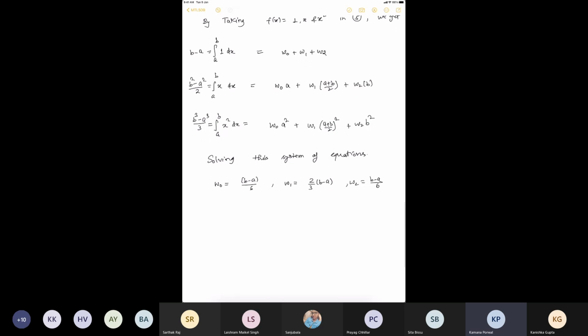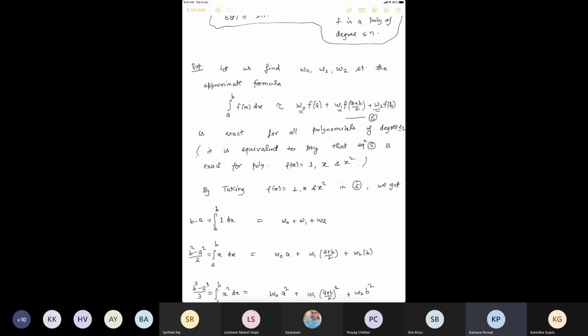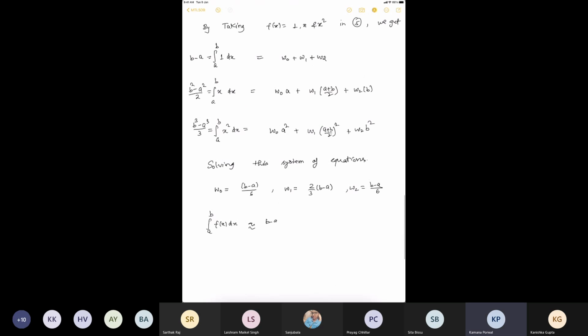Okay, so what is going to be the rule? We have got the rule as the approximation of the integral from a to b of f(x) dx. I'm going to substitute here and take out the factor (b minus a)/6. So I'm going to get f(a) plus 4 times f evaluated at (a plus b)/2 plus f(b), right?